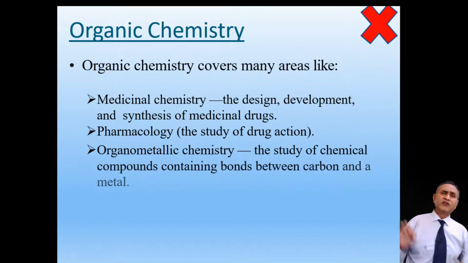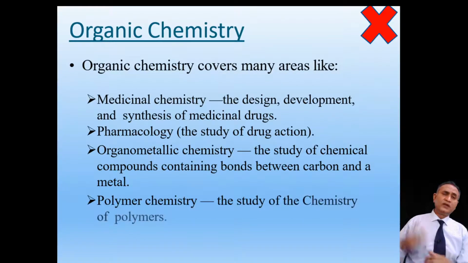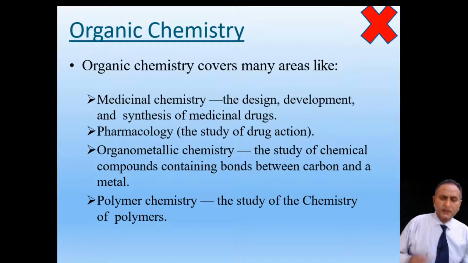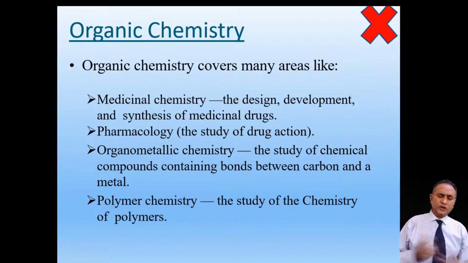Suppose a drug is prepared in a lab, then the chemist will see how you can use this drug, this medicine, for the benefit of human beings. So this is polymer chemistry, polystyrene, thermopole. This is polymer chemistry.